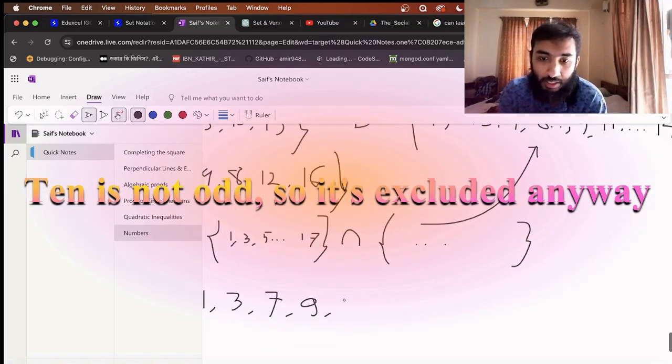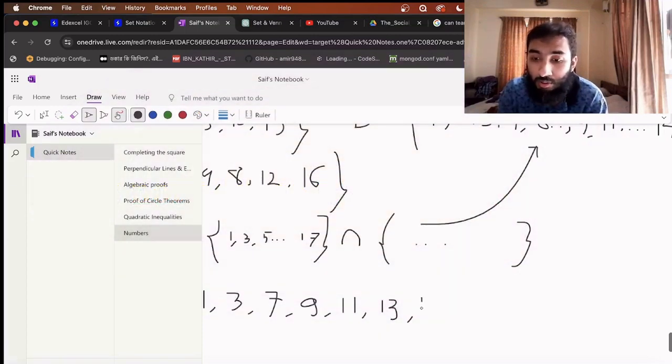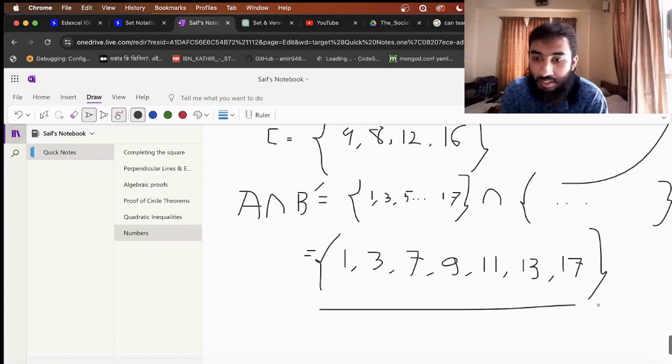After that we have 11, 13, and again 15 will be excluded, so directly it will go to 17, and after that it's less than 19, so there is no more element. So this is the result of A intersection B prime.